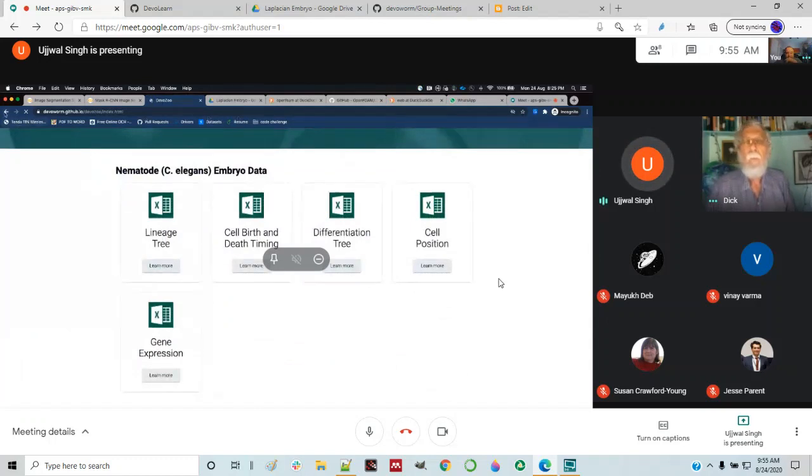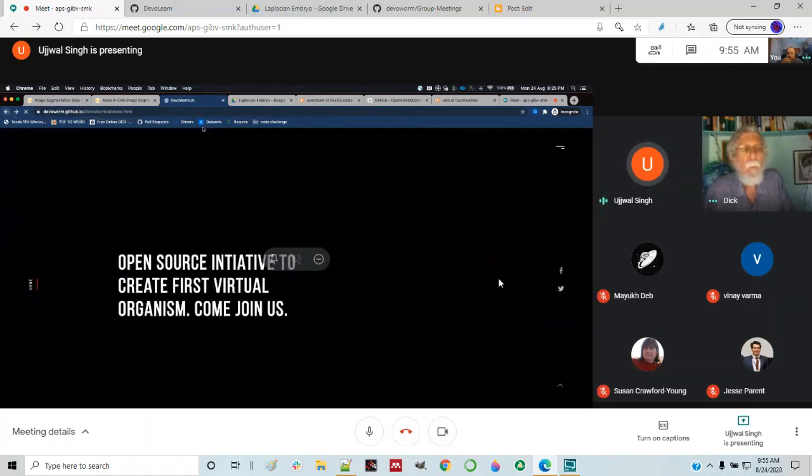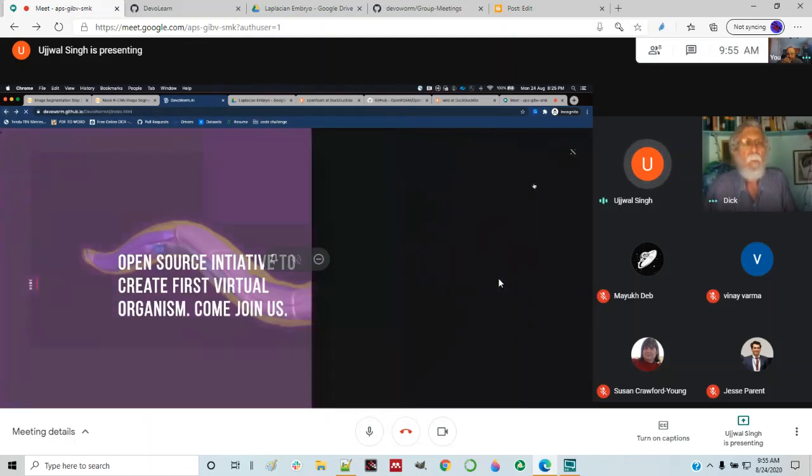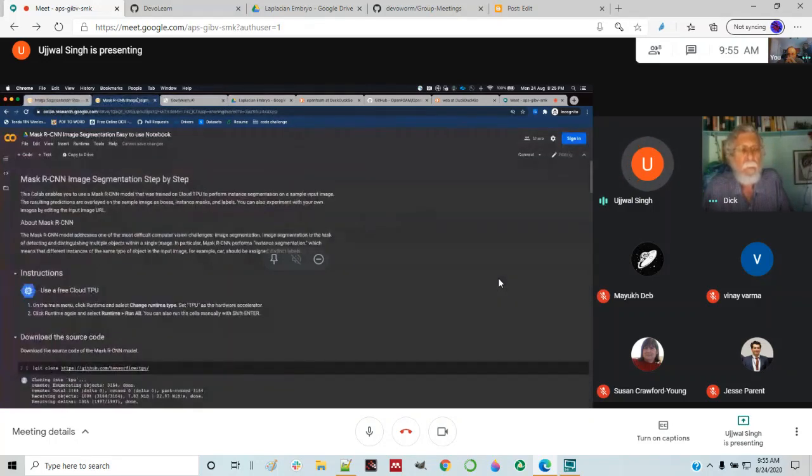Apart from that, I have started working on two notebooks. I don't know where Krishna Patyal is on his progress for the general image segmentation model that we have proposed in DevoWorm AI. I have started working on it anyway, and I have set up two Colab notebooks right now, for Mask R-CNN and image segmentation.